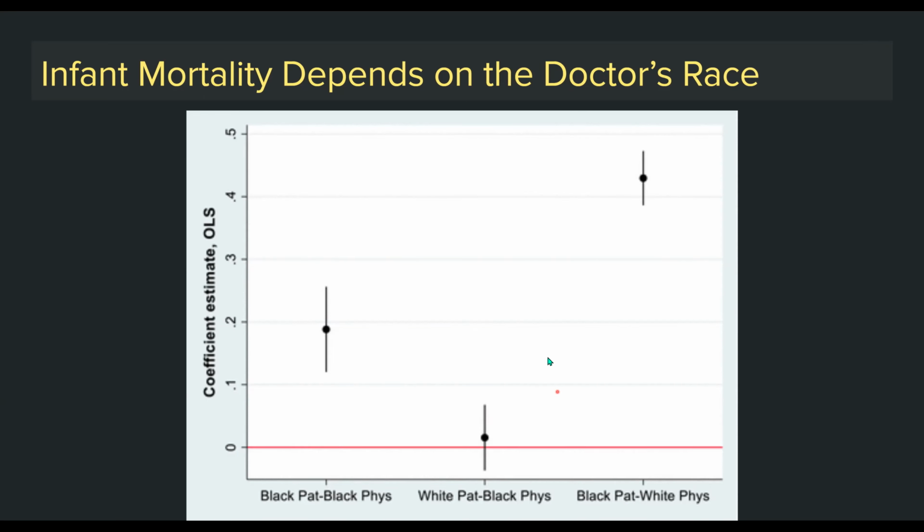So infants were 3 times as likely to die if they were Black and they were being taken care of by a white physician than if they were taken care of by a Black physician. And for the white babies, it didn't really matter who took care of them. They were okay. So that's not genetic.